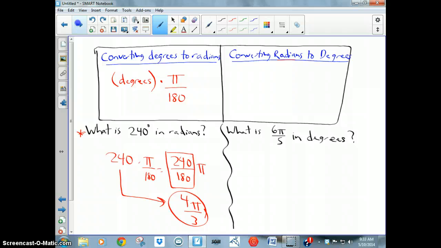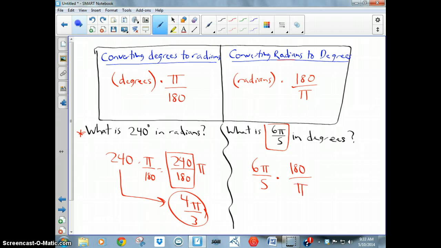How about converting radians to degrees? Well, you just go the other way. You take the radians and you times it by 180 over pi. So, what is 6 pi over 5 radians in degrees? Well, 6 pi over 5 times 180 over pi. Now, when you do this, the pi's will always cancel out.